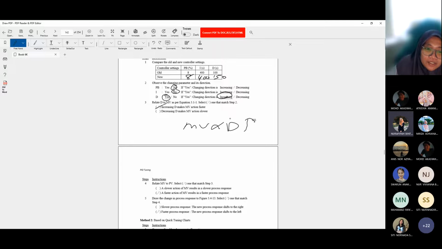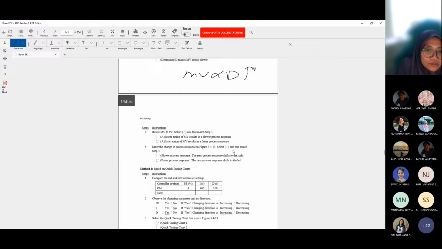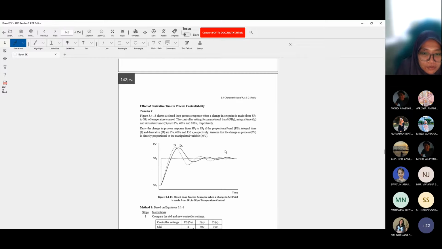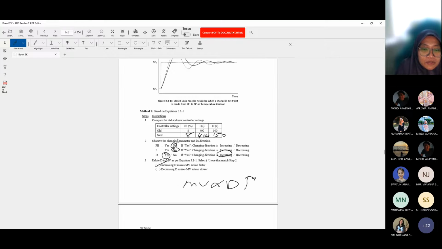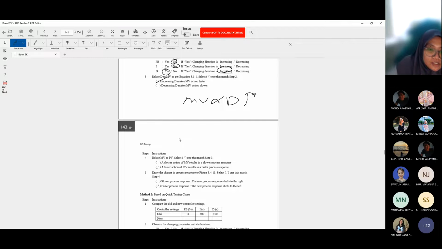Faster. Okay. So for MV to PV, we refer back, assume that the change in process variable is directly proportional to the manipulated variable. So definitely MV increases, PV also increases.